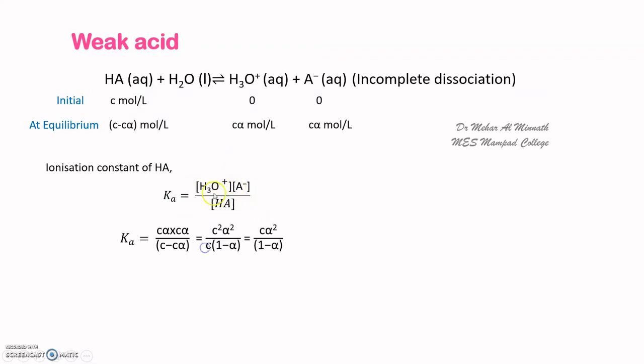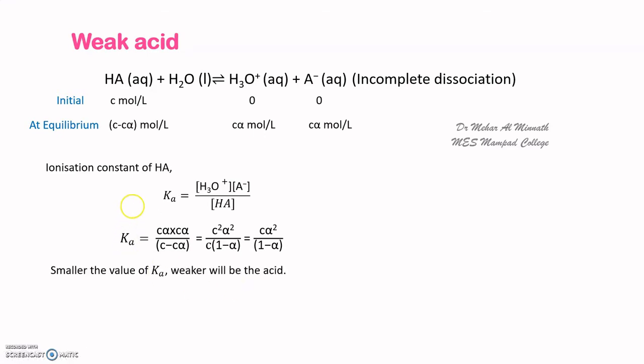We substitute that in this equation and we get C alpha square by 1 minus alpha. That is, C alpha is the concentration of H3O plus and A minus, which we put in the numerator, and C minus C alpha is the concentration of HA at equilibrium. C minus C alpha can be written as C into 1 minus alpha, and the C in the numerator and denominator get cancelled, and you get Ka equal to C alpha square divided by 1 minus alpha.